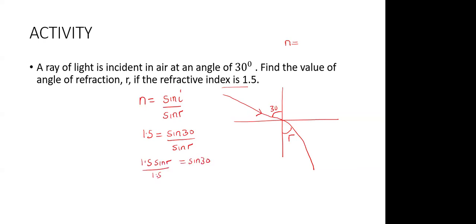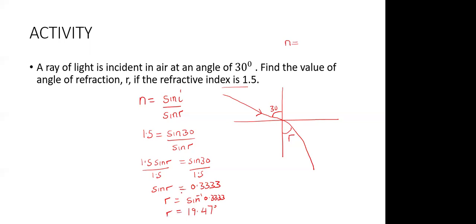Then divide by 1.5, and sine r will equal, I don't know what you get when you use your calculators, but I'm getting 0.333. And when I get the sine inverse of 0.33333, I end up with an answer of 19.47 degrees. So that is my angle of refraction.